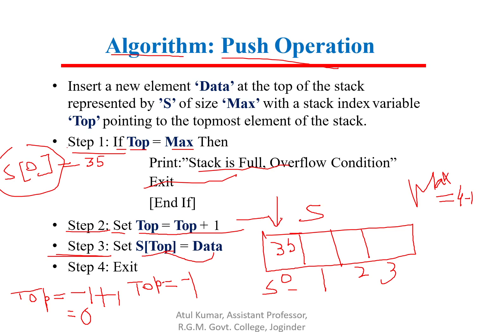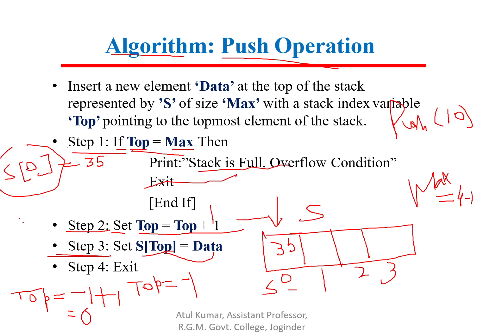Suppose now we want to push one more item, and the item is 10. Again the same algorithm is followed, and firstly the value of top is checked, so this condition is false. Then we go to step 2, and in step 2 top is equal to top plus 1. The value of top here is 0, so the value of top now becomes 0 plus 1, which is 1.